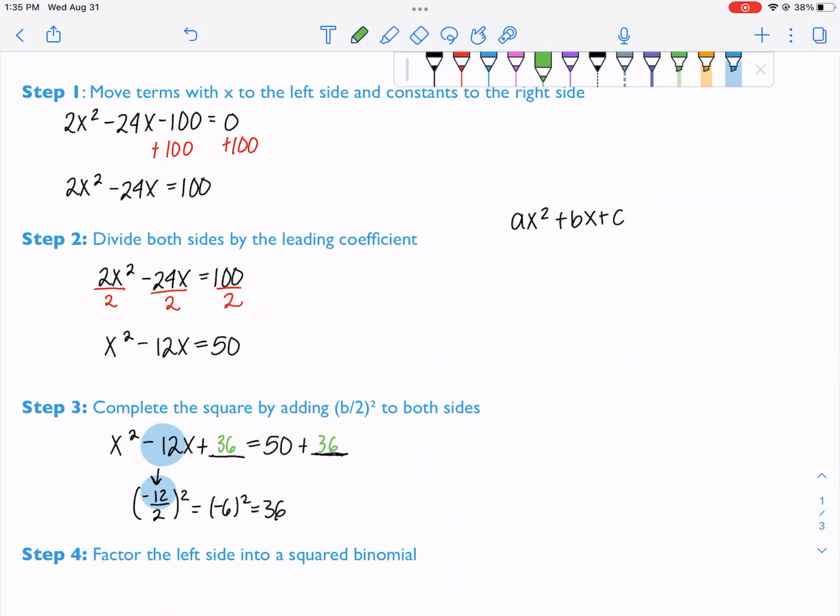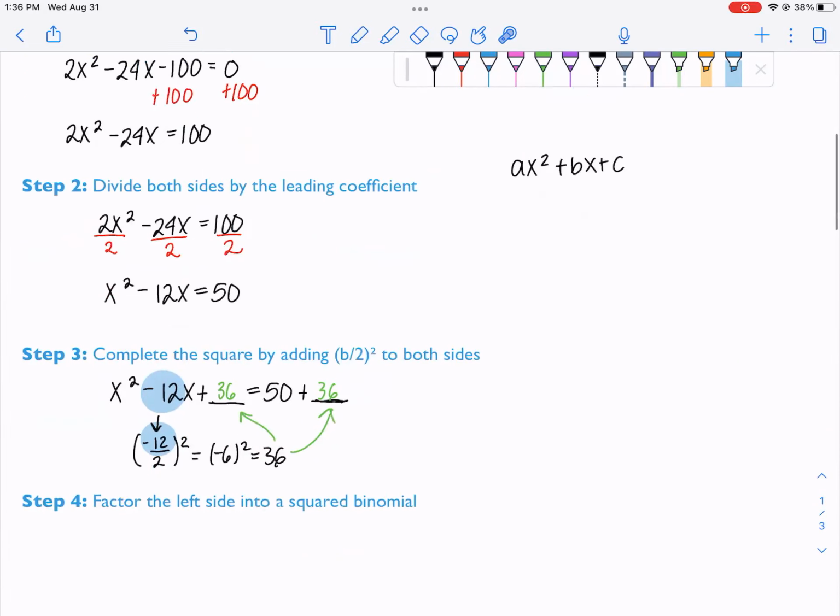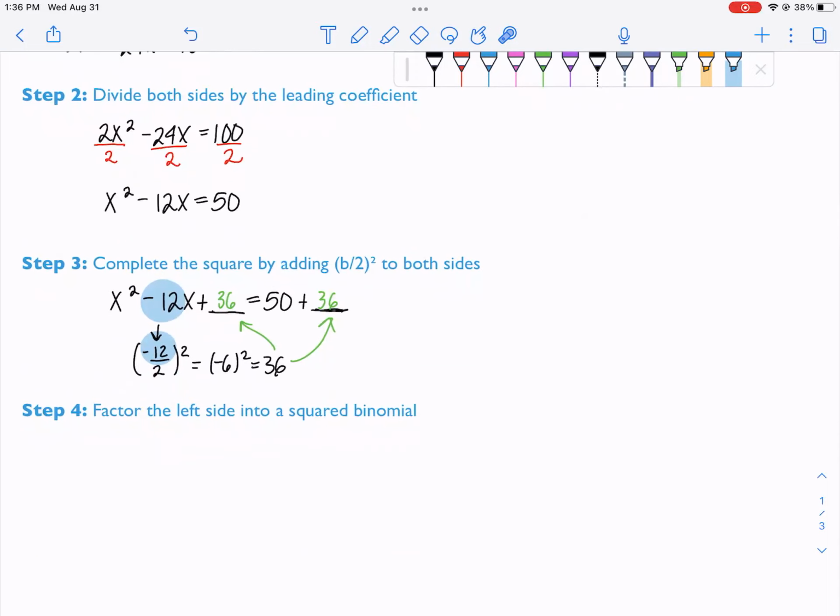Once again, we're taking that b value, we divide it in half, square it, and then add that number to both sides of the equation. What we're left with now is x squared minus 12x plus 36 equal to 86. And this left-hand side now factors into a squared binomial. It factors into x minus 6 quantity squared equal to 86.